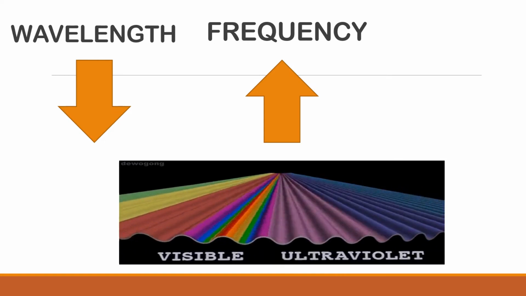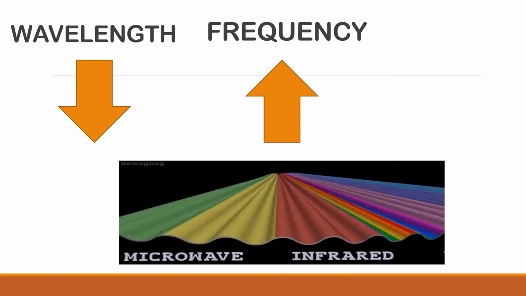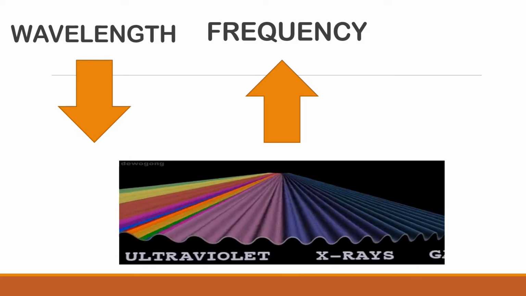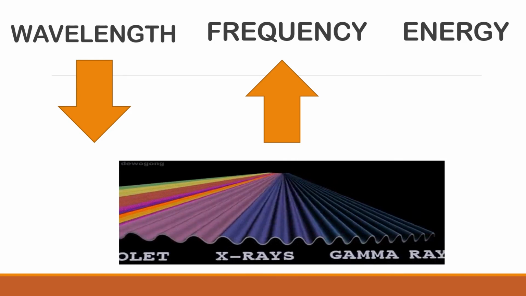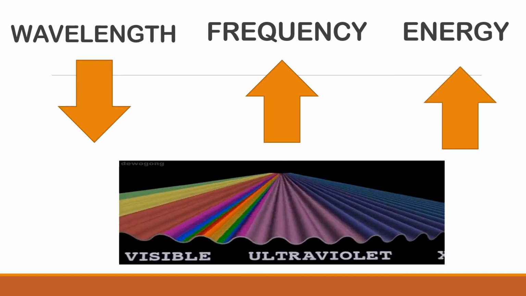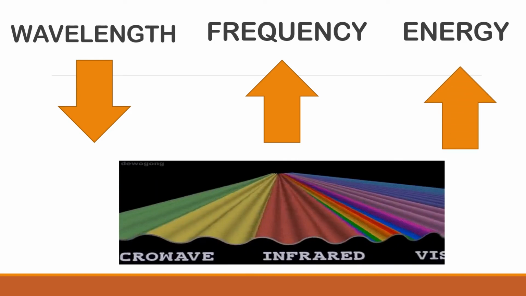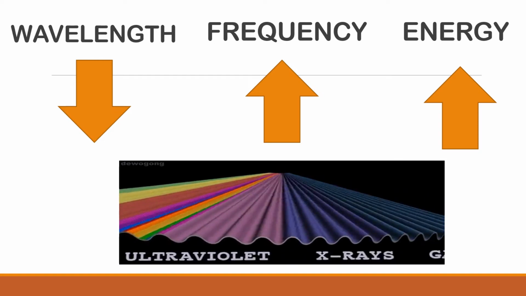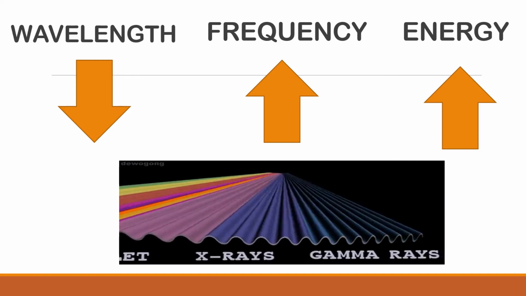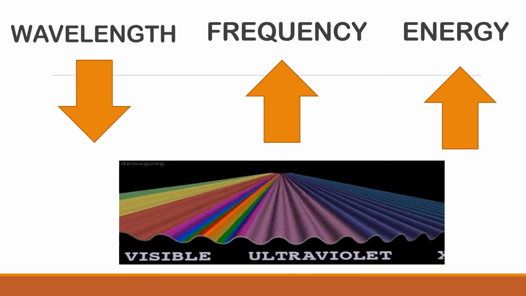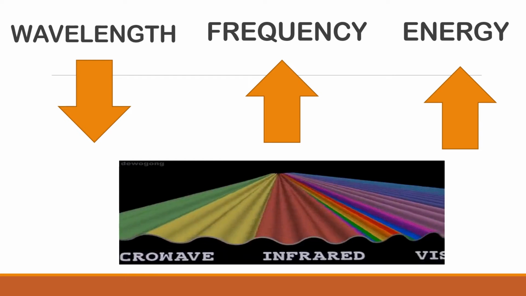Waves with the shortest wavelengths have the highest frequencies. The higher the frequency of a wave, the higher its energy. So, in this picture, you will see that wavelength and frequency are inversely proportional, while frequency and energy are directly proportional to each other.